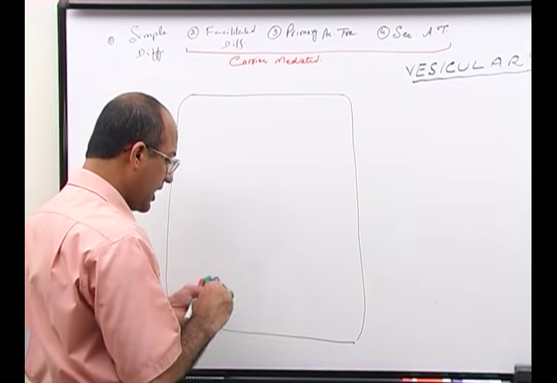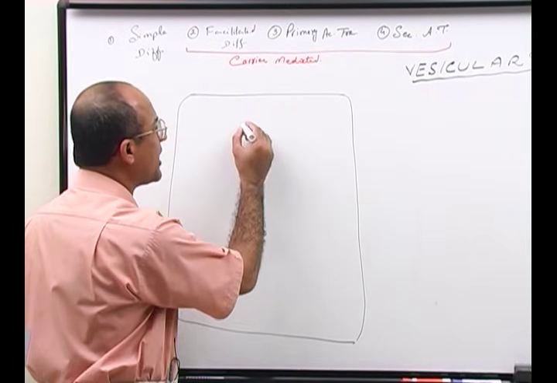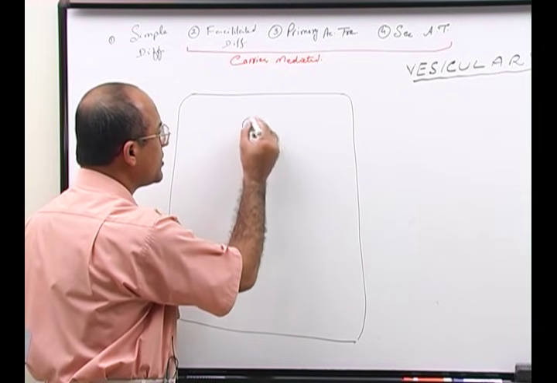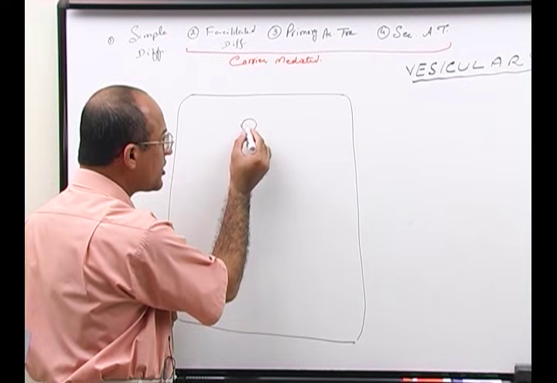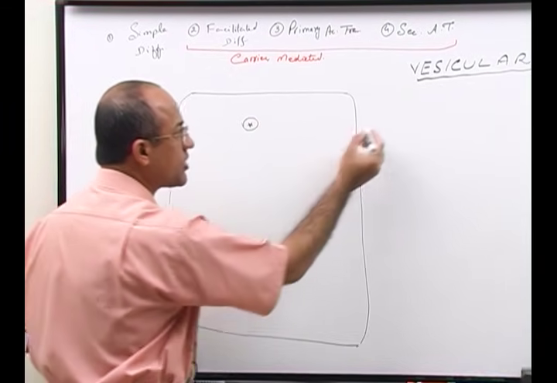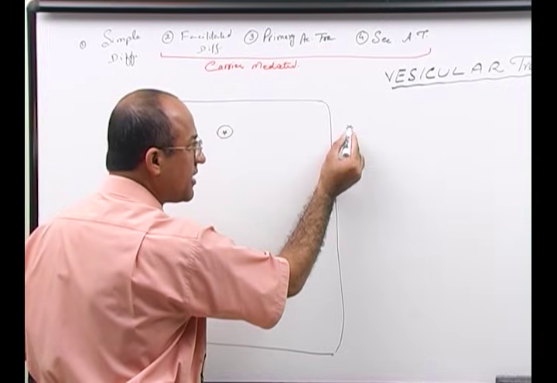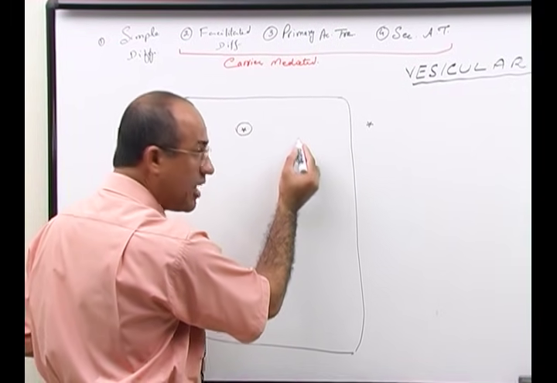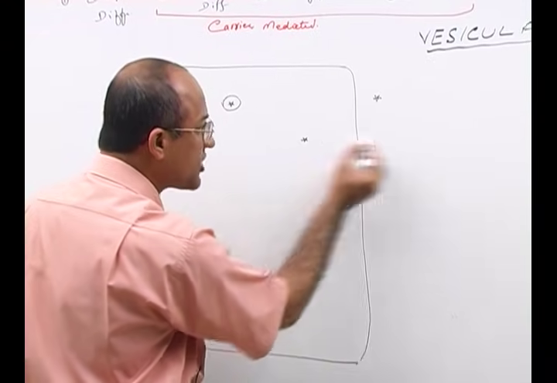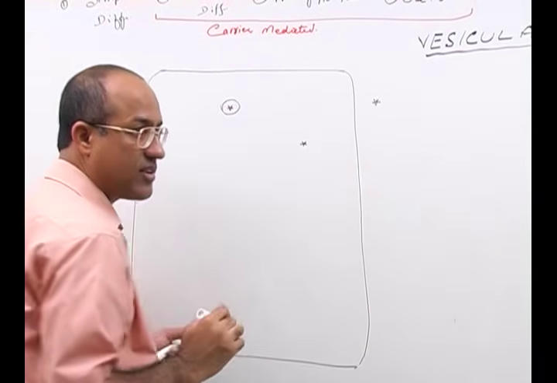For example, this is a lipid bilayer membrane and there is a substance present. This substance may be transported from outside to inside by the formation of a vesicle, or it may be transported from inside to outside. So I will discuss this.